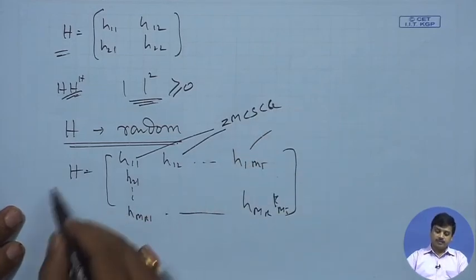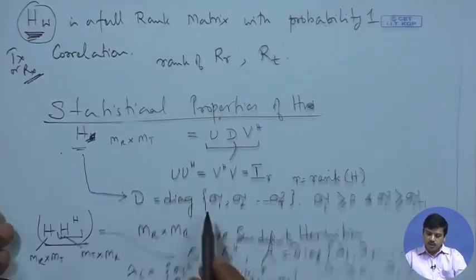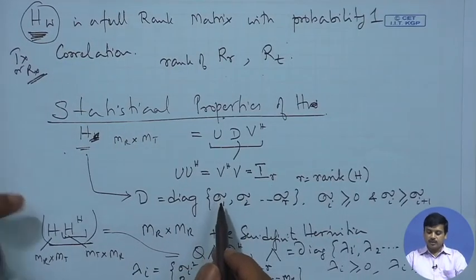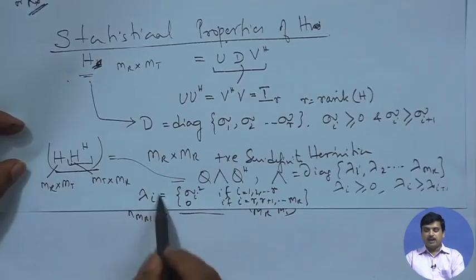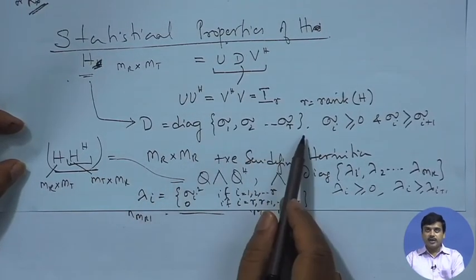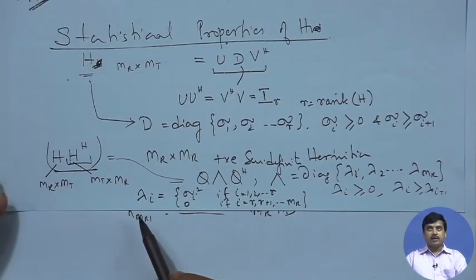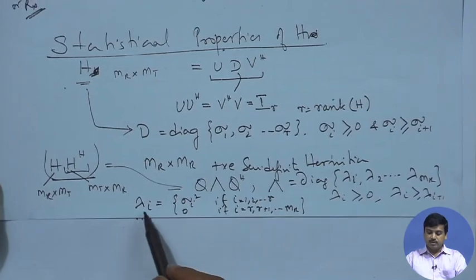Therefore, H is random. If H is random, so are the singular values and so are the eigenvalues. What we will briefly look at in the next lecture is the distribution of these eigenvalues and that of the minimum eigenvalue of H. That would give us a description of the H channel, which is the MIMO channel coefficient.